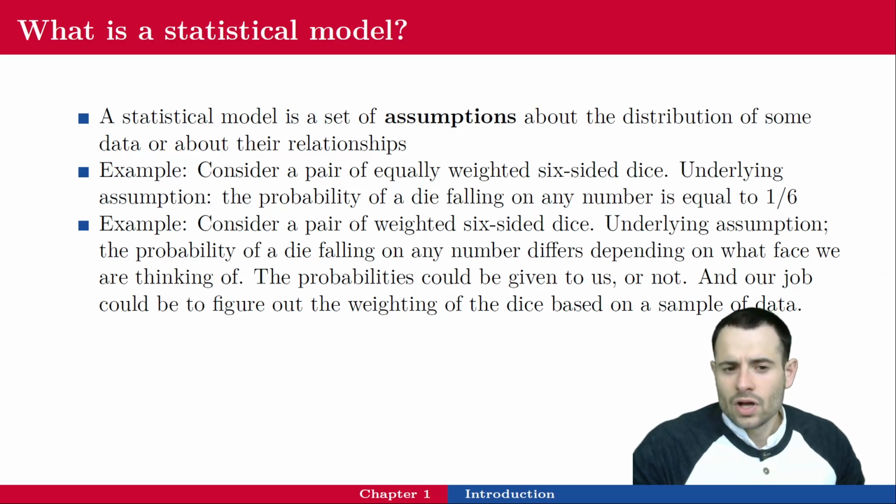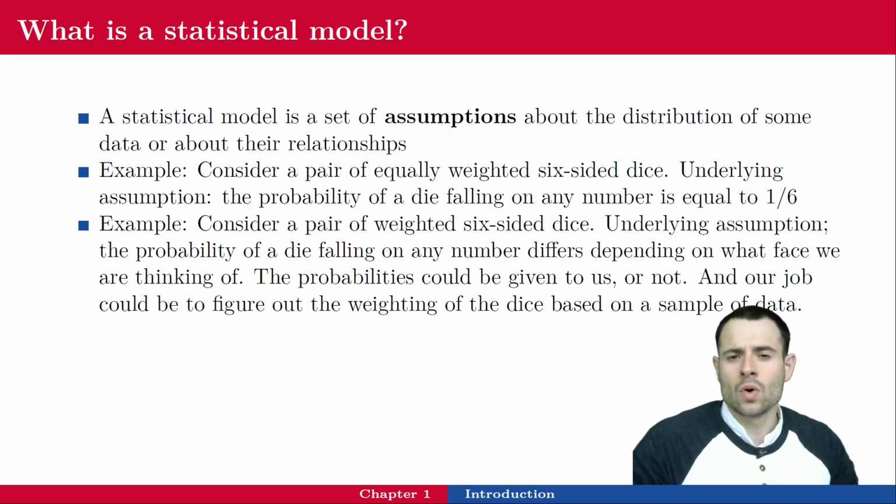Second example, consider a pair of weighted six-sided dice. Note that here I do not say equally weighted anymore. It is weighted. The underlying assumption is that the probability of a die falling on any number differs depending on what face we are thinking of. If it's a 1, it might be a higher or lower probability than if we are looking for a 2 or a 3.